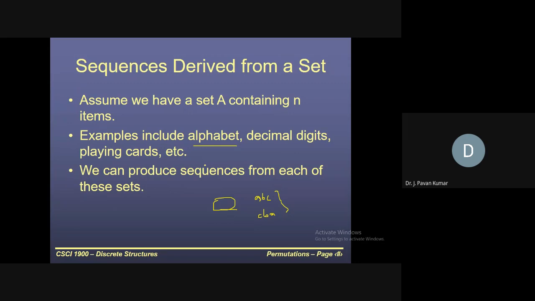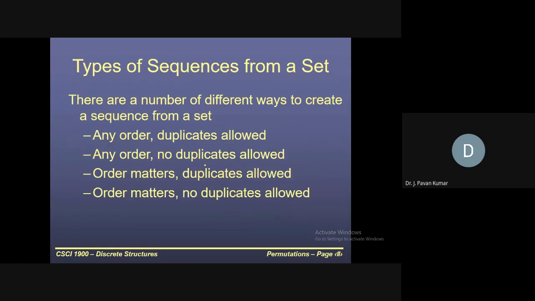Coming to the possible types of combinations we can have from a set: sequences where elements can be in any order and duplicates are allowed; in any order but duplicates are not allowed; duplicates allowed but the order matters, that is, ABC is different from BCA.